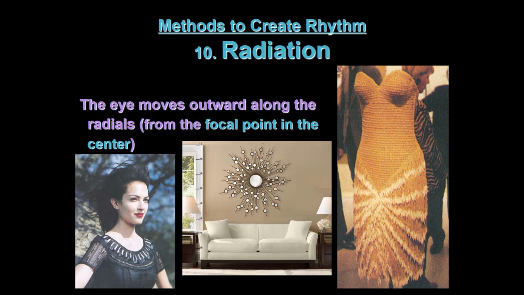I go there, and then my eye just slowly moves around with that nice circular motion through her windswept hair, through that curved neckline that almost looks like radials coming from the sun. The mirror, again, a very sunshine type of expression, moving to the center, and then having our eye move all around with those radials. And finally, the garment.